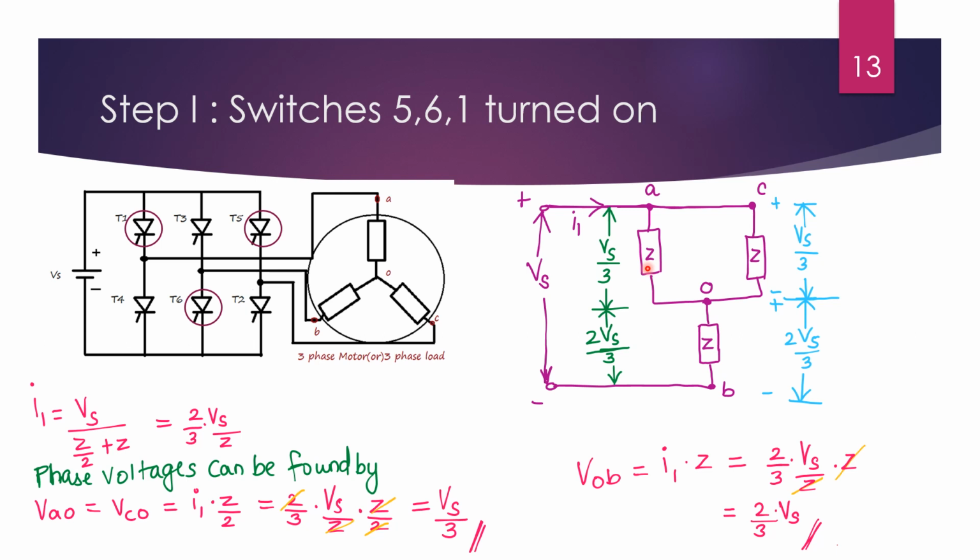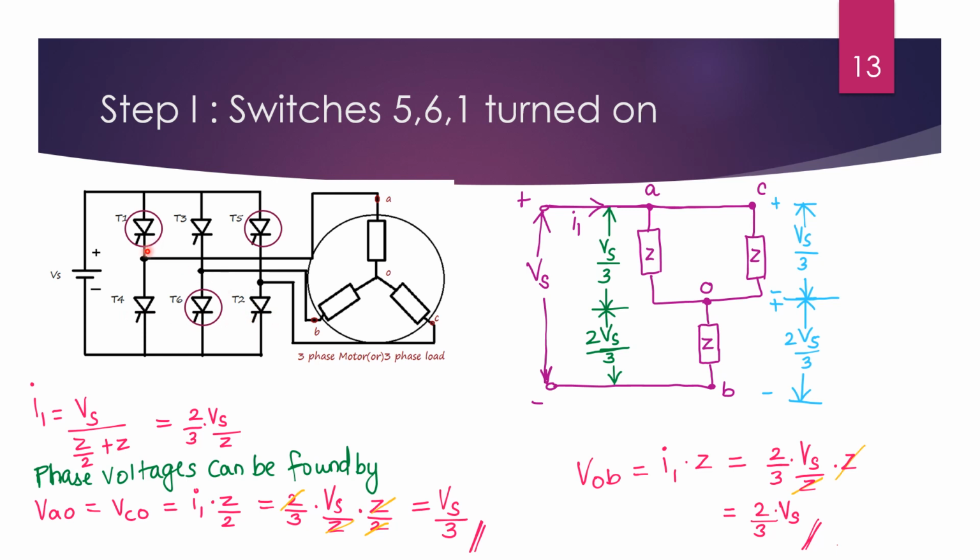This Z represents T1, this Z represents T5 and this represents T6. As I told before in the previous slide, the upper arm thyristors represent the positive phase sequence and the lower arm thyristors represent the negative phase sequence.